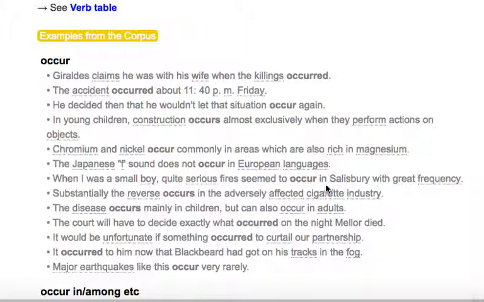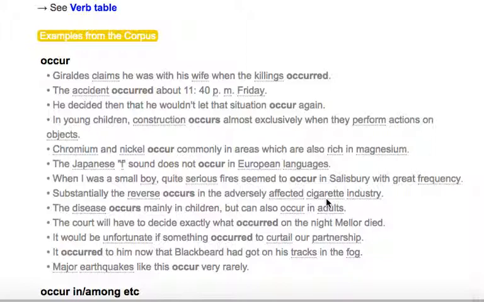Seem to occur in Salisbury with great frequency. With great frequency means very often. But with great frequency is a more formal way of writing. Practice writing a sentence using that expression, with great frequency.